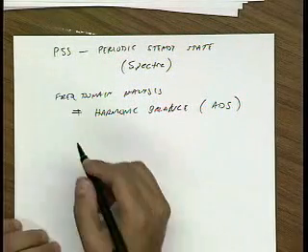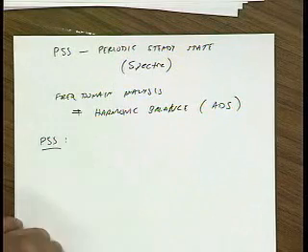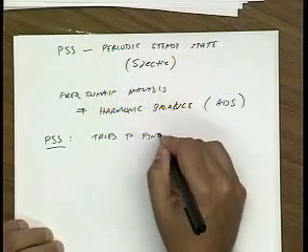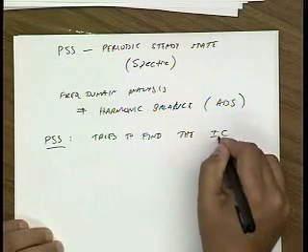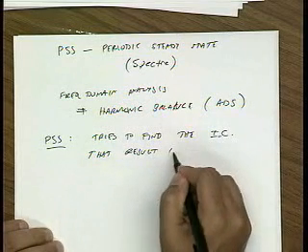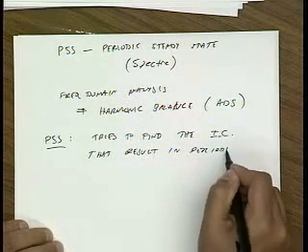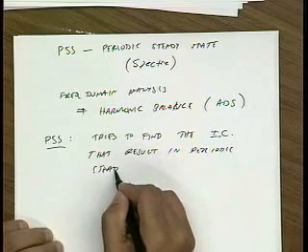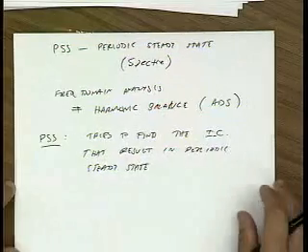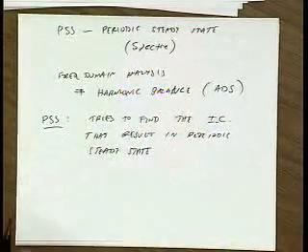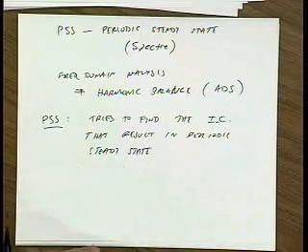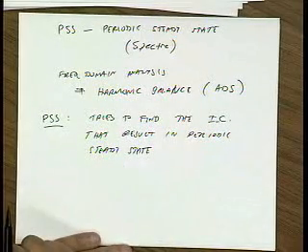So what does PSS do? PSS tries to find the initial conditions that result in periodic steady state. Right? It takes a little while to get used to this. It's kind of backwards thinking. But the idea is that my circuit, let's say I excite it with a periodic input.